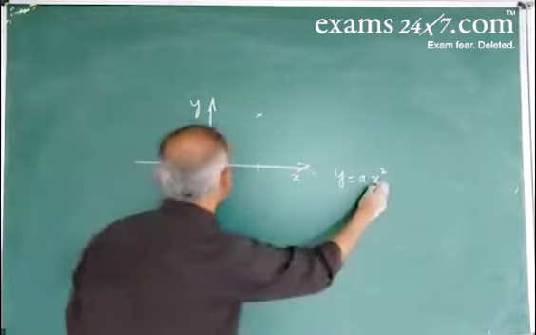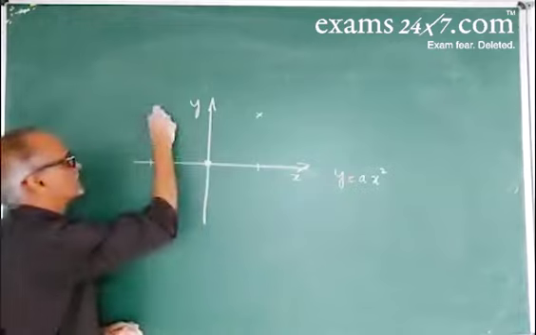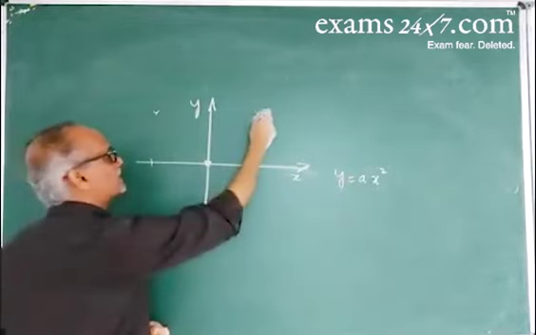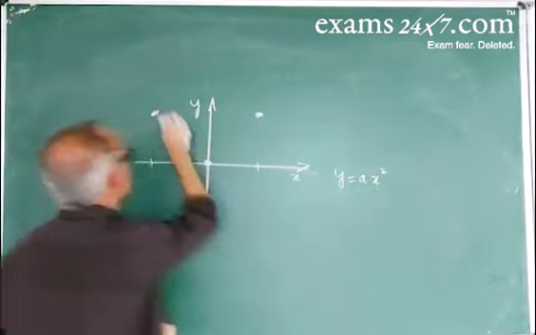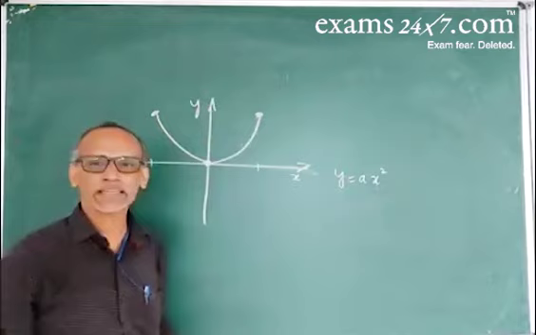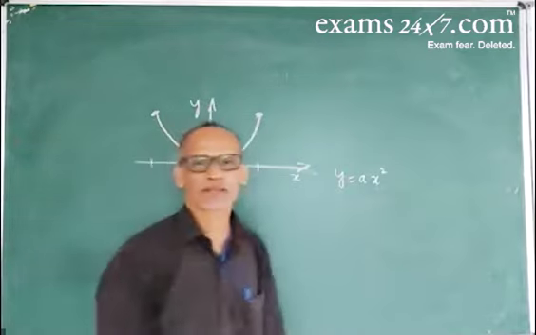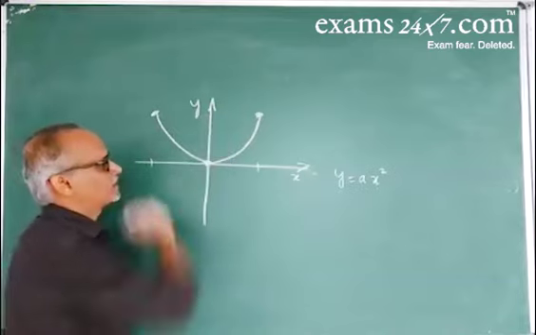When x is negative, y is positive, just here. So here we have 3 points. When you draw them, you'll get a parabola. Any equation of the format y is equal to x squared is a parabola through the origin and symmetric about the y-axis.